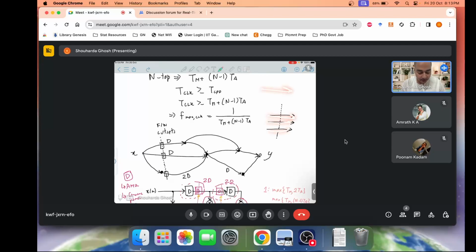You cannot have one line moving in one direction and another moving in the opposite direction. You can't draw a cut set through that kind of line. All the lines should be in the same direction like these. This is allowed, as you can see all the lines are moving in the same direction. So you draw a line and cut, and you put registers in it. You have to check appropriately, because you can't put an arbitrary number of registers, otherwise that would increase the power consumption of your circuit.